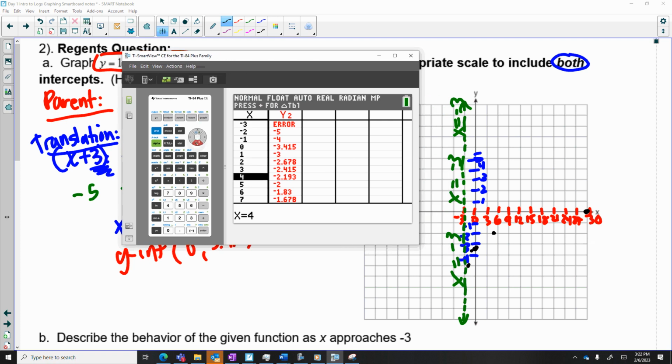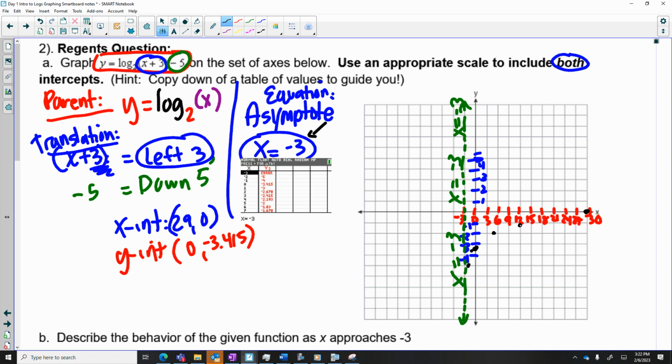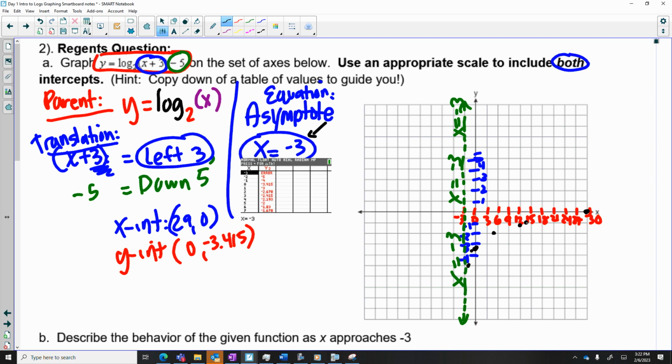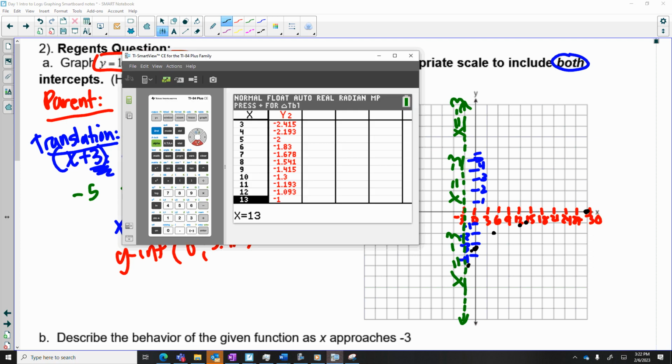Let's see if I can find a nice one. 10, -1.3, meh. 12, -1-ish. Keep going. 13, -1, nice. Maybe one more. 23, -0.3. No, I'm counting by threes. 21, -4.15. All right, let's do that one.